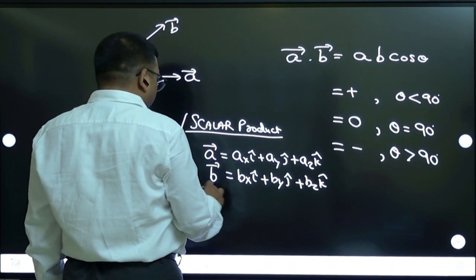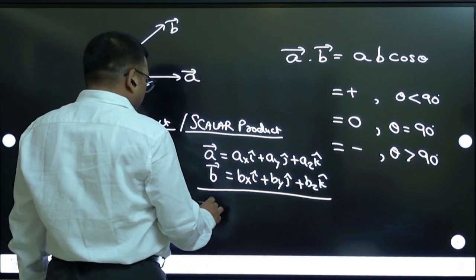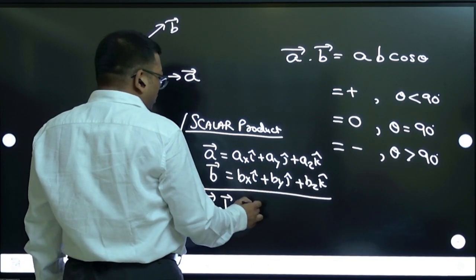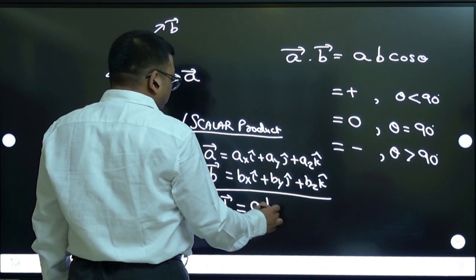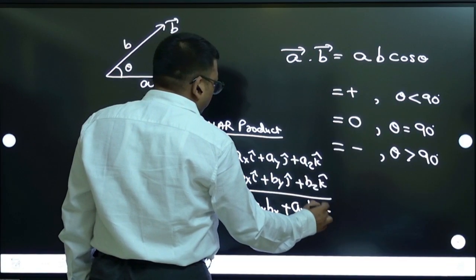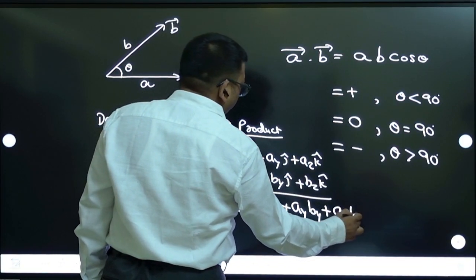So when you take A vector dot B vector, only ax and bx are multiplied, only ay and by are multiplied, and only az and bz are multiplied.